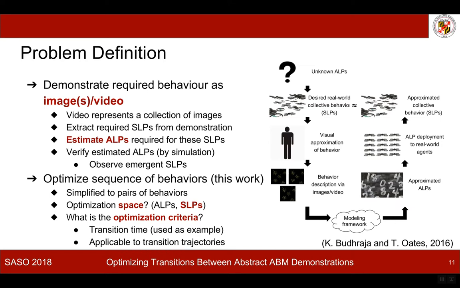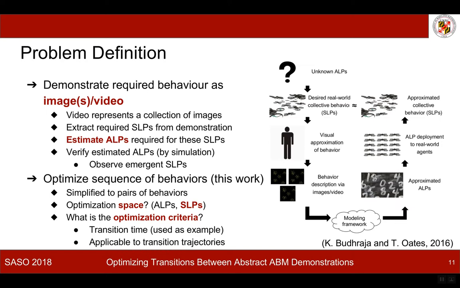We're extracting the required swarm level parameters from that demonstration, estimating the agent level parameters required to generate those swarm level parameters, and then verifying through simulation that the agent level parameters match the desired swarm level behaviors.